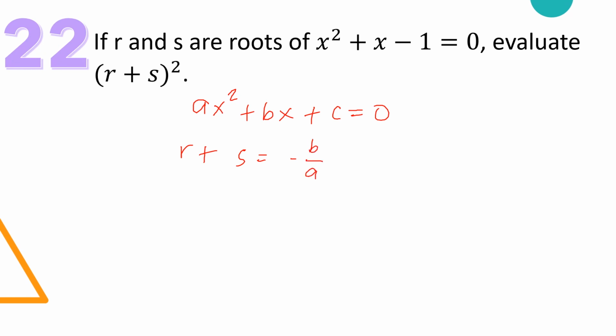In the given quadratic equation, a is equal to 1, b is equal to 1, and c is equal to negative 1. Hence, the sum of the roots r plus s is equal to negative of 1 over 1, and that is equal to negative 1. Squaring both sides, we have (r plus s) squared is equal to positive 1.